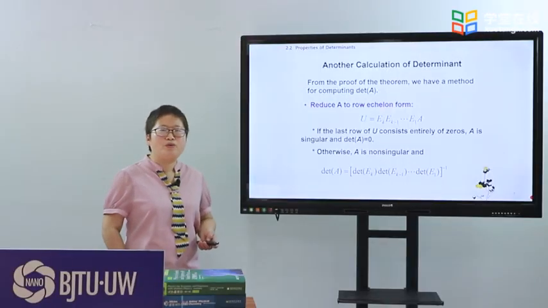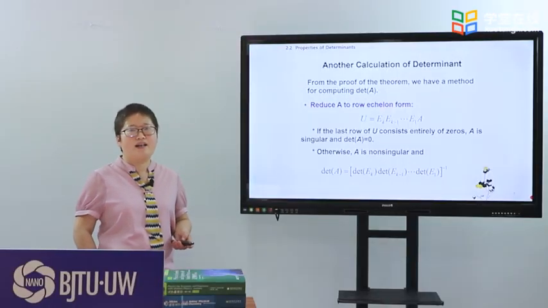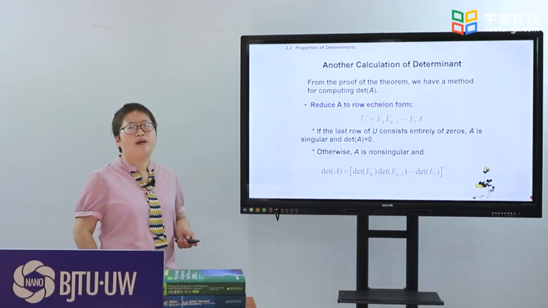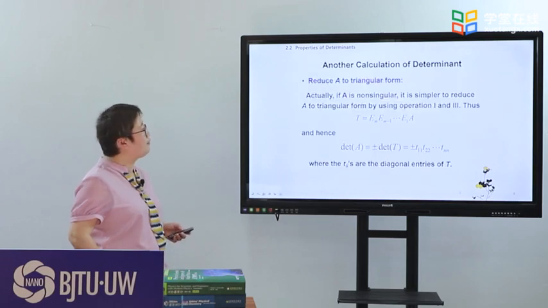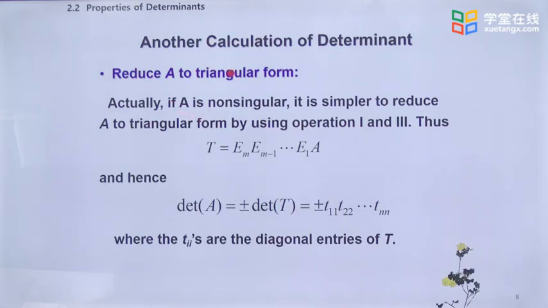So we know that doing row operations is a much more efficient way, so later you can compute the determinant efficiently. We reduce A to triangular form. Actually, if A is non-singular, it is simpler to reduce A to triangular form by using operations 1 and 3. We only use these two operations.